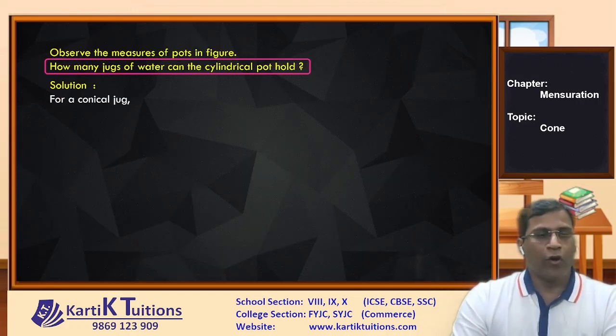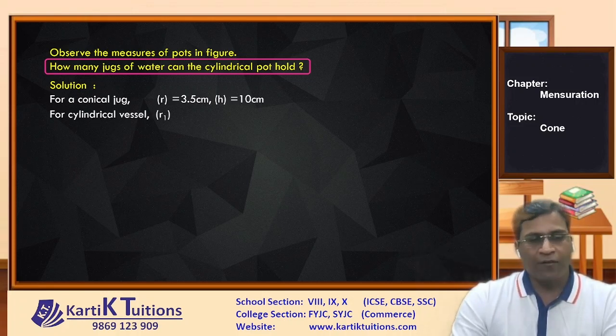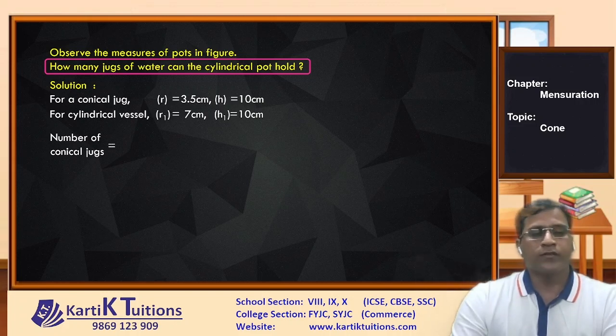Now see, for the conical jug, the radius is given to us as 3.5 centimeter and height is given to us as 10 centimeter. Whereas for the cylindrical vessel, the radius R1 is given to us as 7 centimeter and height H1 is again given to us as 10 centimeter. Now we have to find the number of conical jugs. The concept is what?